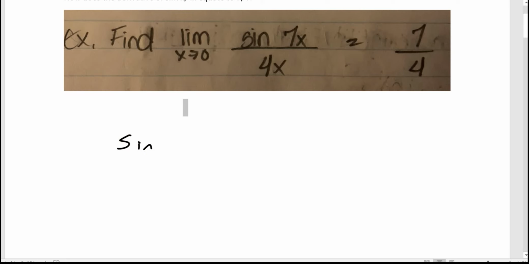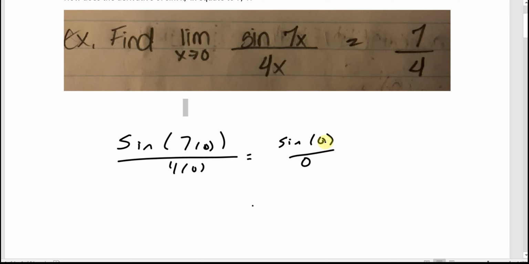So if you do sine of 7 times 0 over 4 times 0, what happens? Well, that's just sine of 0 over 0. Now, sine of 0 happens to also be 0. This is indeterminate. It's what we call an indeterminate form. It's not undefined; it's that we don't know.